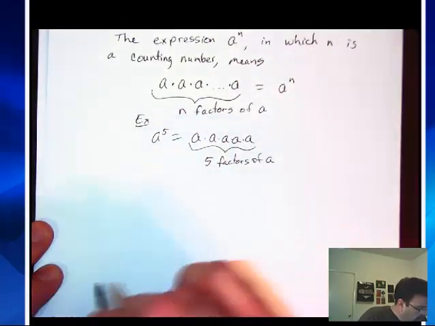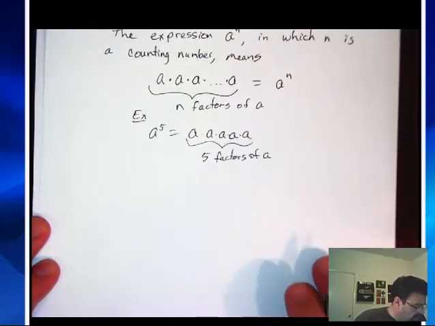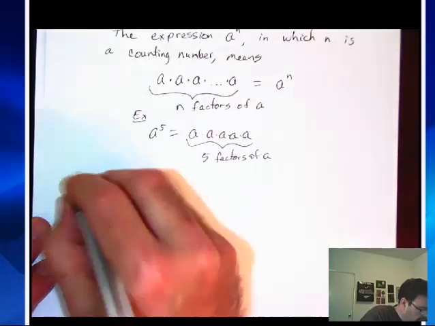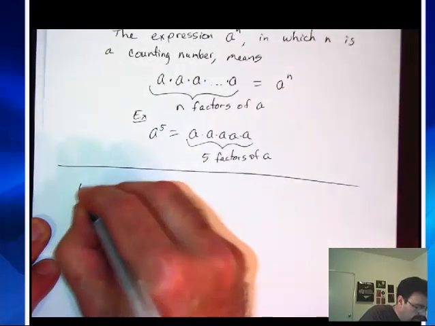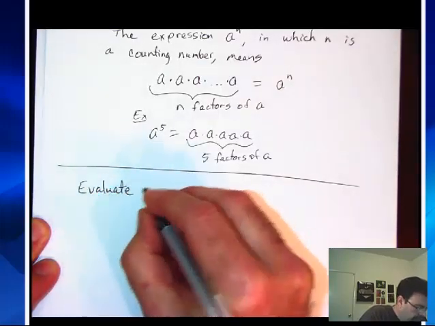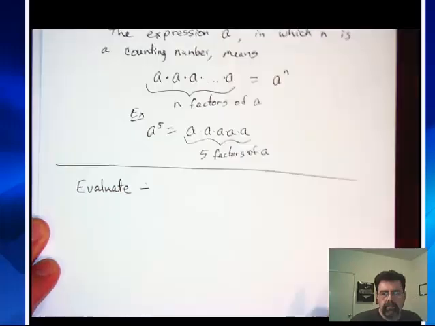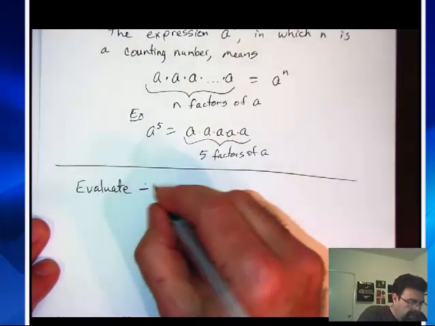Okay, so when we replace a variable with a number, we say we're substituting for that variable. The calculation that follows substitution is called evaluating the expression. So if we want to evaluate an expression, before I do that, I like to talk this way.